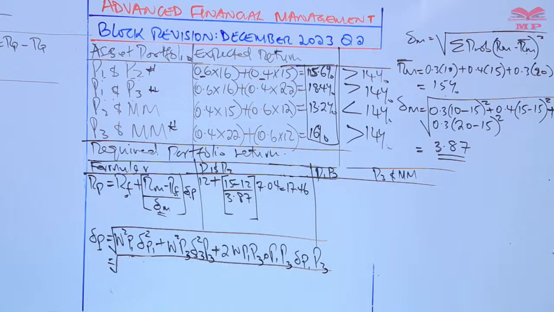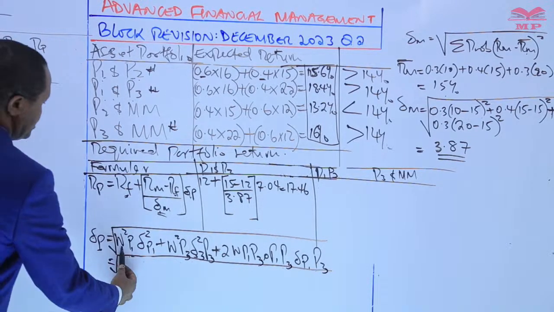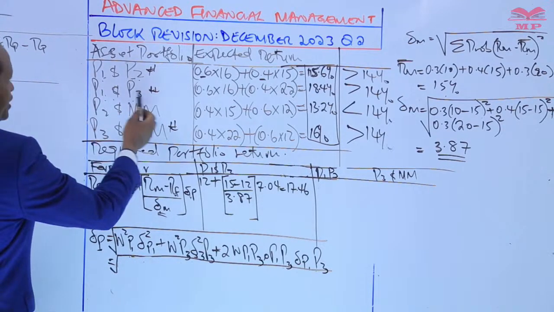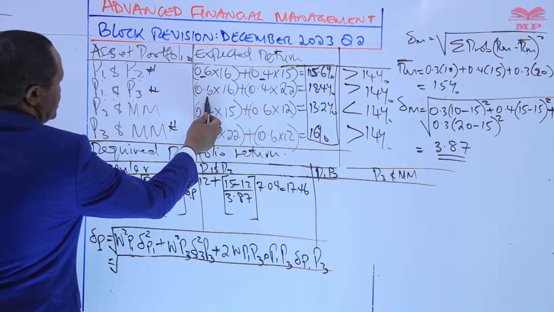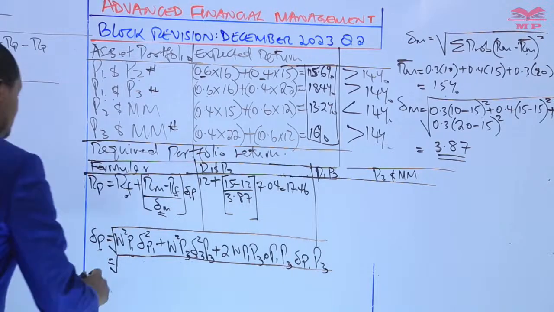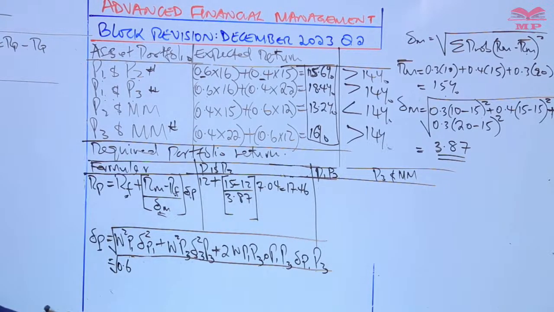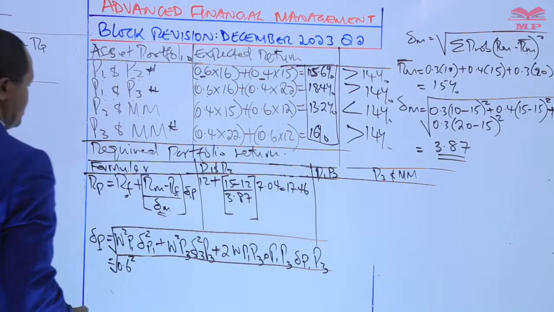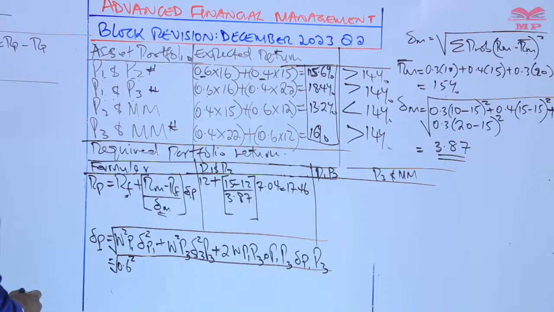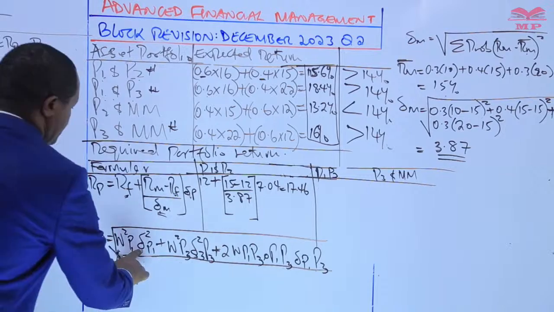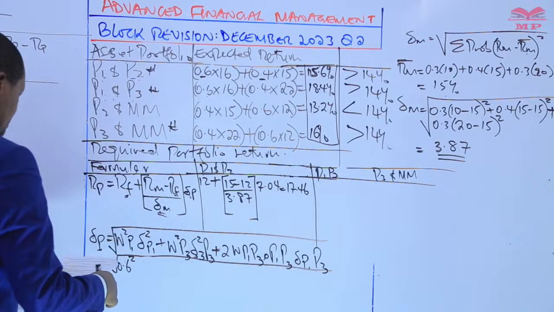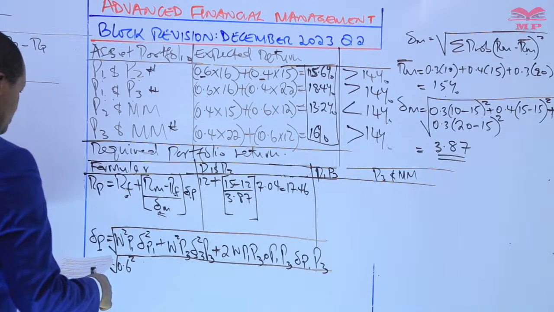All right. So what is the weight for portfolio 1 here? It is 0.6. We square it. Then the standard deviation of P1 is 8%.